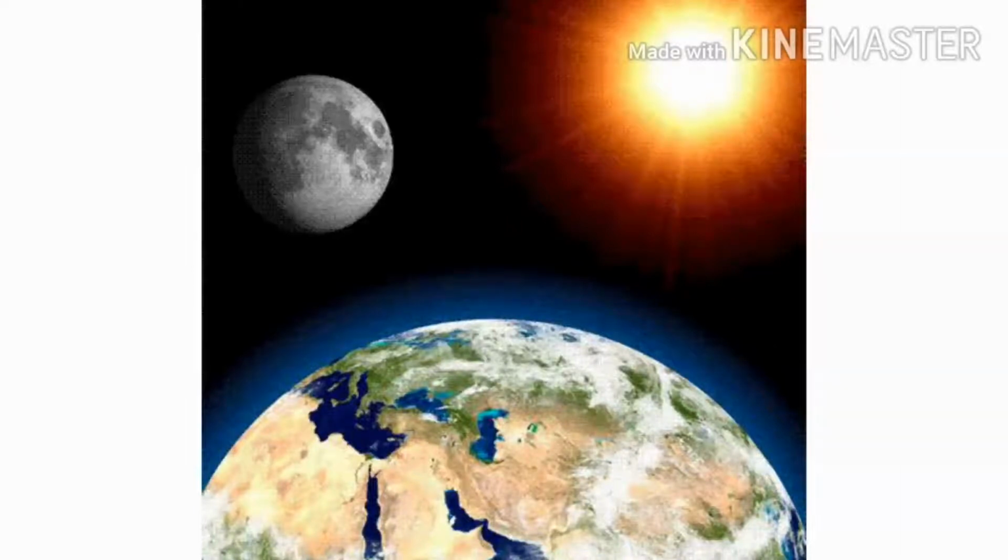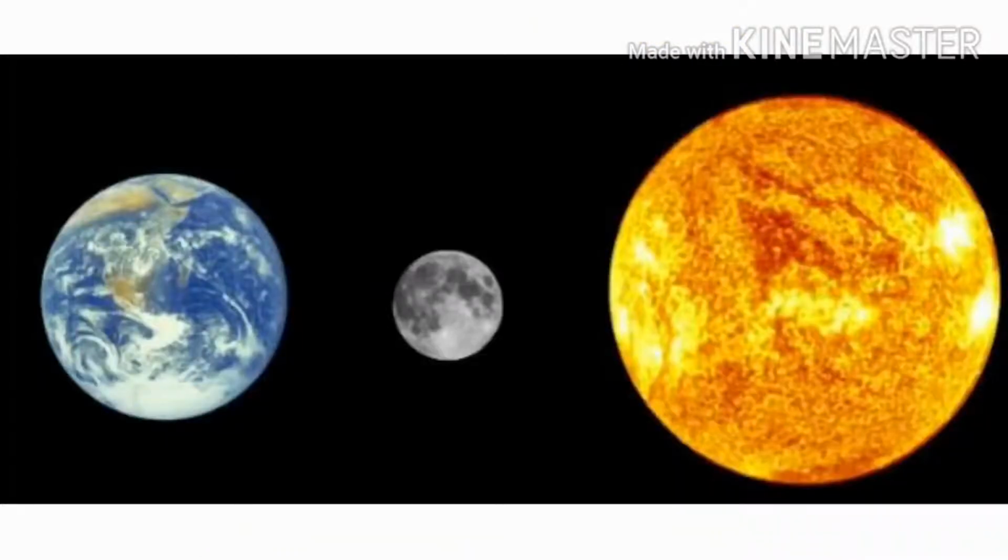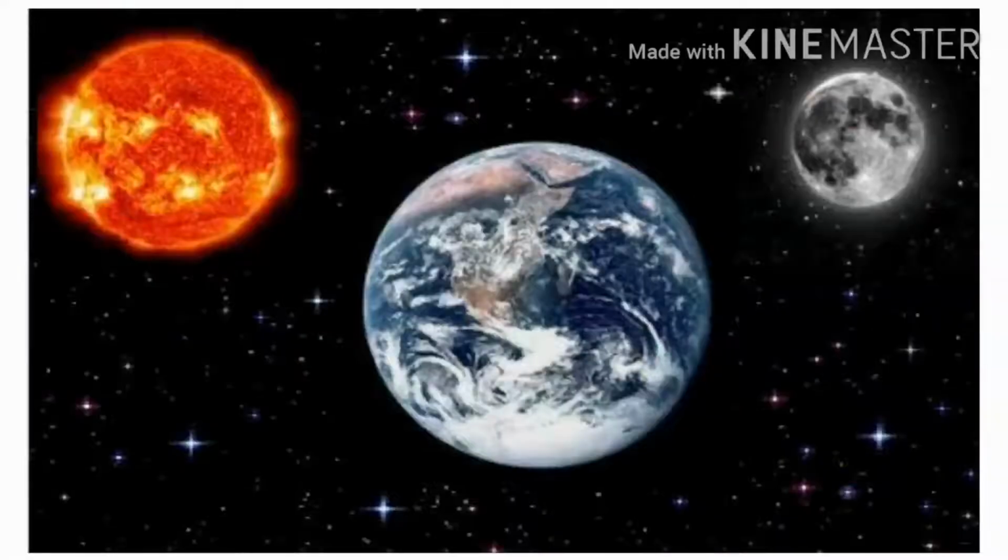The moon revolves around the earth, which in turn revolves around the sun. As a result, the moon at times comes between the earth and the sun, while at other times the earth comes between the sun and the moon.